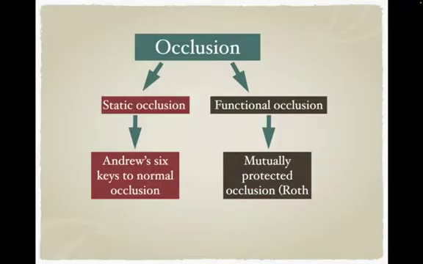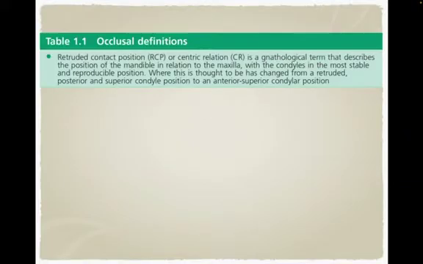So now we've finished talking about the static occlusion. What about functional occlusion? Before going into the mutually protected occlusion, I just need to describe certain definitions. The first one is the retruded contact position, or what we call the centric relation, which is basically a term that describes the position of the mandible in relation to the maxilla when the condyle is in the most stable and reproducible position.